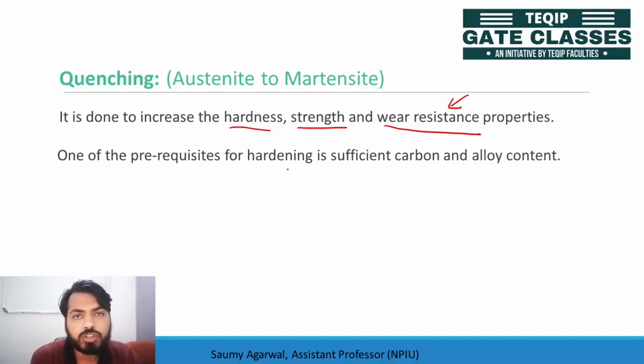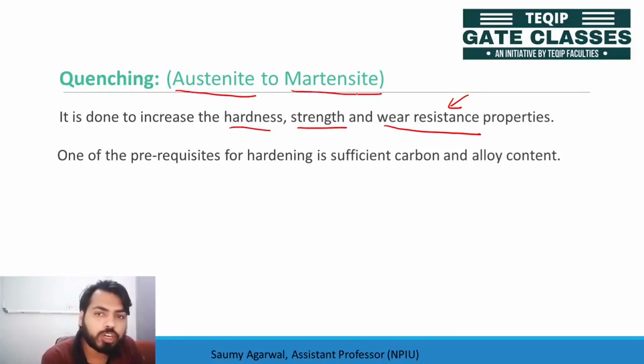So you require the carbon content so that you may get the martensitic transformation. Here we convert austenite to martensite, and for any steel to convert from austenite to martensite, you require some amount of carbon.